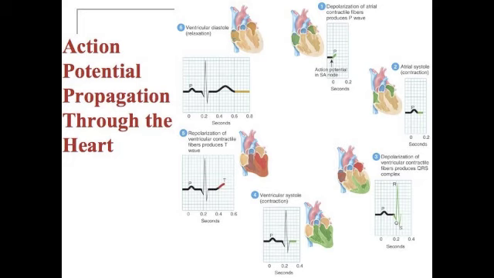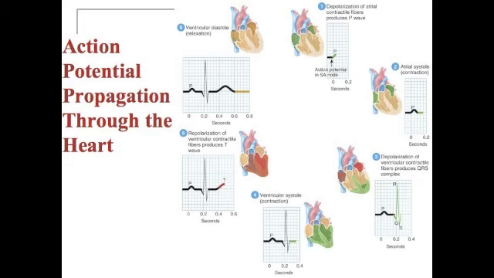Good quiz or exam question. So at step 1, the depolarization of the atrial contractile fibers produces a P wave. And then at step 2, we get atrial systole, contraction.